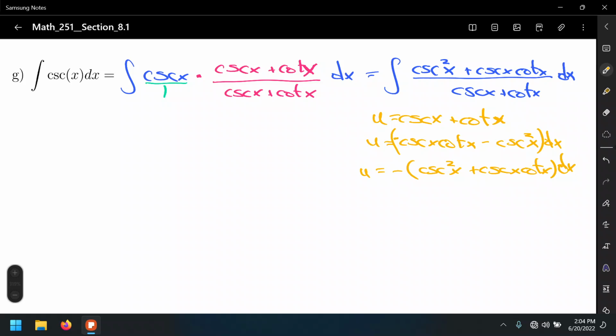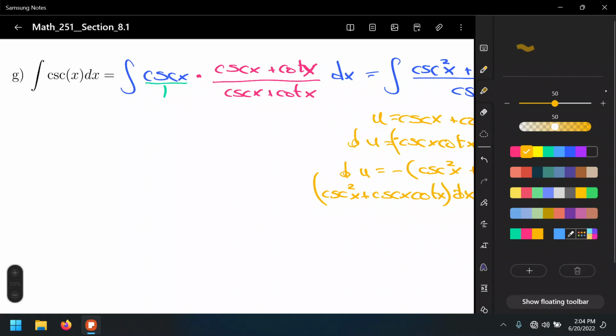And this is the same as saying du. So cosecant squared plus cosecant cotangent equals negative du. Alright? So let's go back to the integral right here.